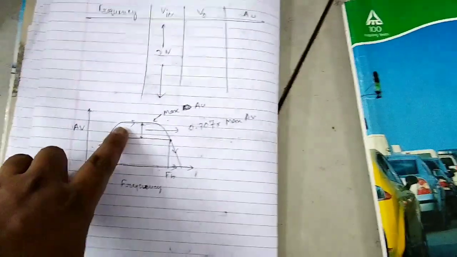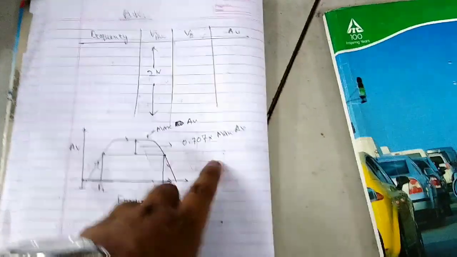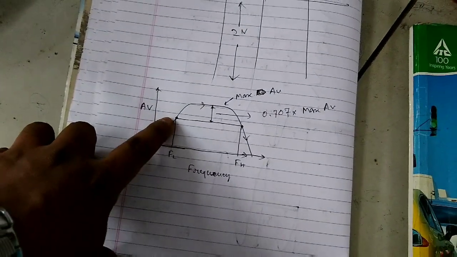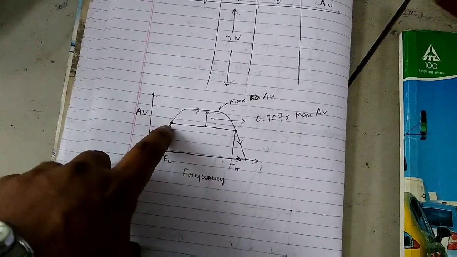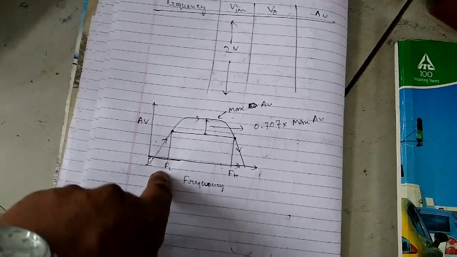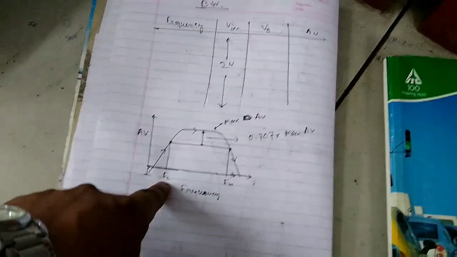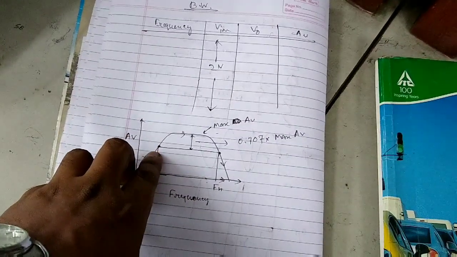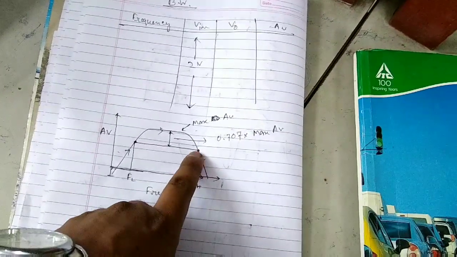Suppose the maximum AV is 4, then 0.707 makes it about 2.8. You need to point out that value vertically at 2.8, then draw a perpendicular to the horizontal line, and mark it as FL, the low frequency, and join that line to the higher frequency, decreasing level.